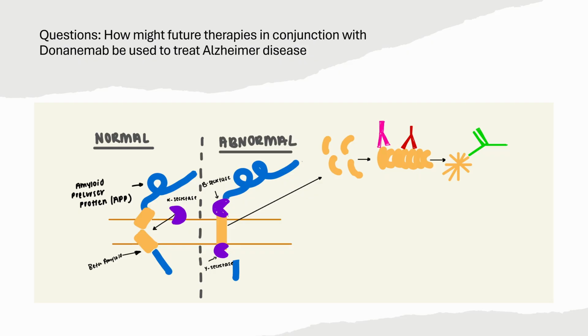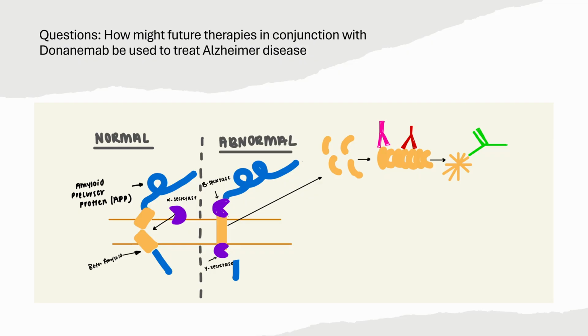Another question we might have is how future therapies in conjunction with donanemab might be used to treat Alzheimer's disease. Donanemab tries to phagocytose the beta amyloid plaque once it's already formed. However, there is another antibody which binds to the N-terminus of beta amyloid fibrils to try to block the aggregation into a plaque.